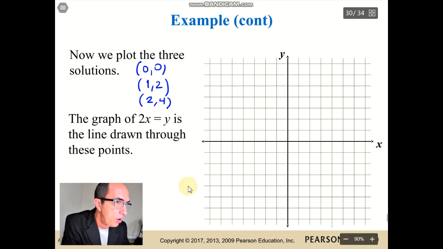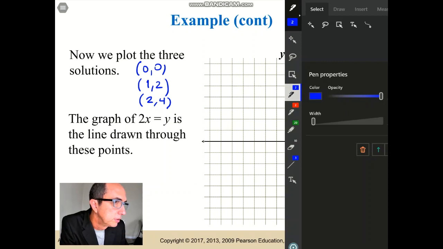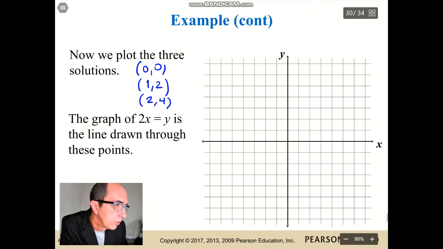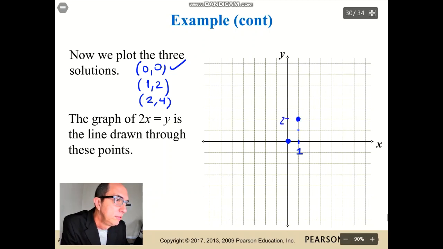The first one is the origin, 0, 0. Okay, next one is x equals 1 and y equals 2. 1 here and 1, 2. And another one, x equals 2 and y equals 4. 1, 2, 3, 4.